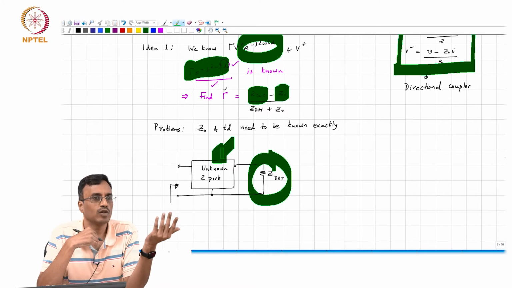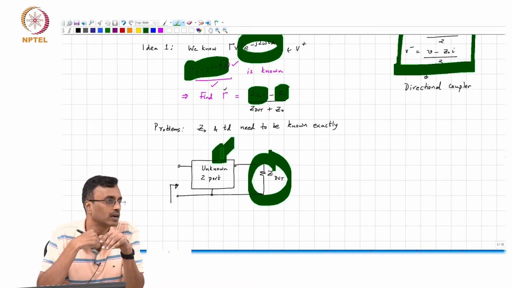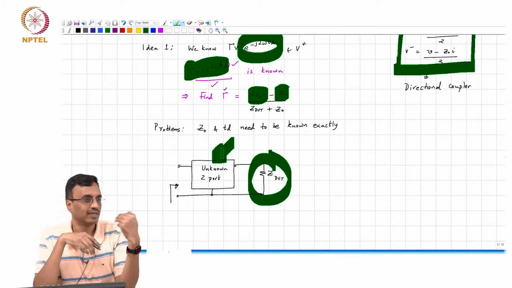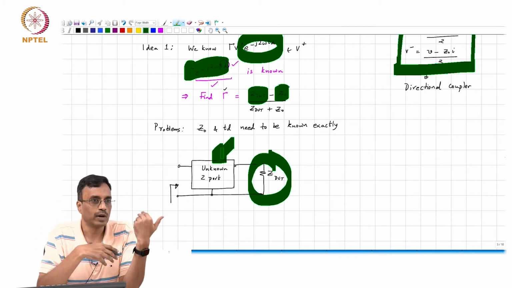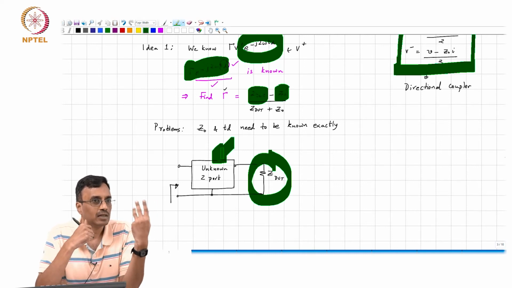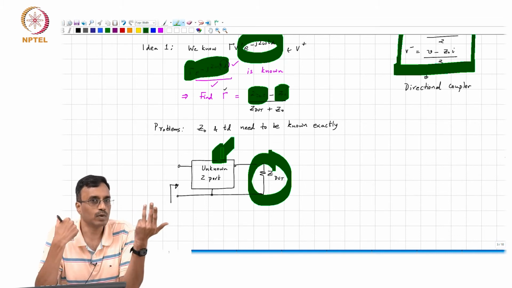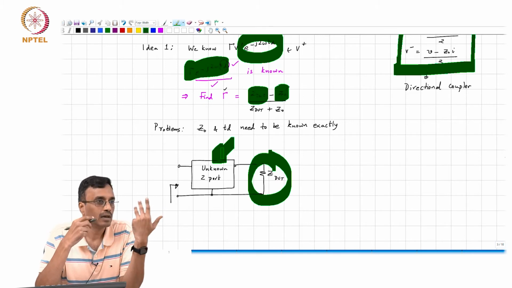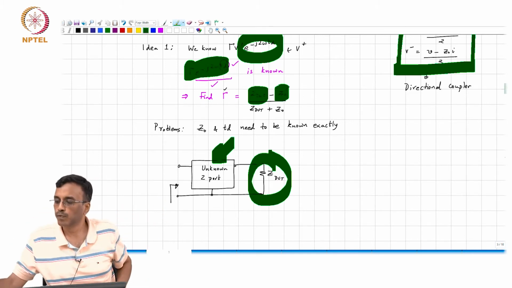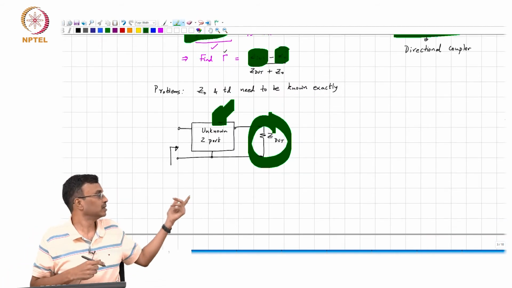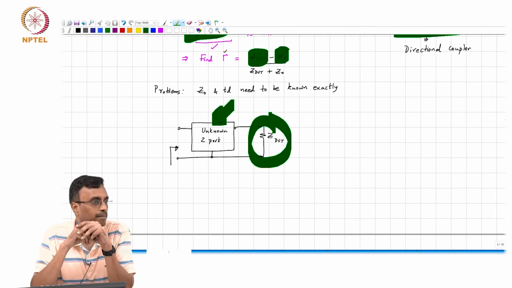Reciprocity ensures that the S11, the S21 and S12 of this 2 port are the same, or the Z12 and Z21 or Y12 and Y21 are the same. So, we need 3 parameters. If you need 3 parameters, how many equations do you need? We need 3 equations. So, before you put Z dot, we need to find the 3 unknowns of the 2 port.